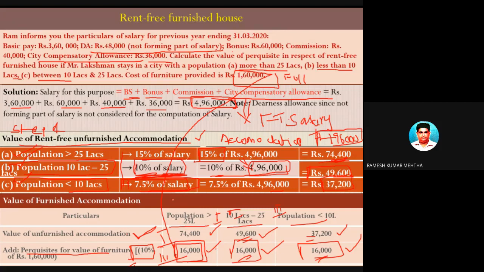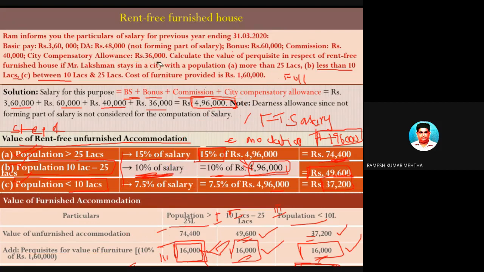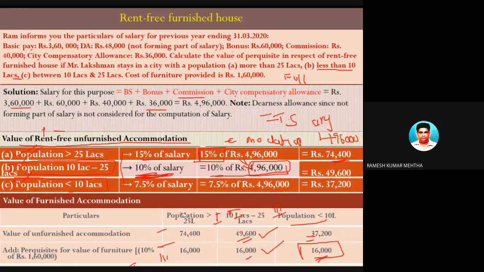Now, this is the way you have to calculate. Very important: I will give some more information about some important things which you can decipher from this particular calculation. Look at this 74,400, the value of the accommodation.